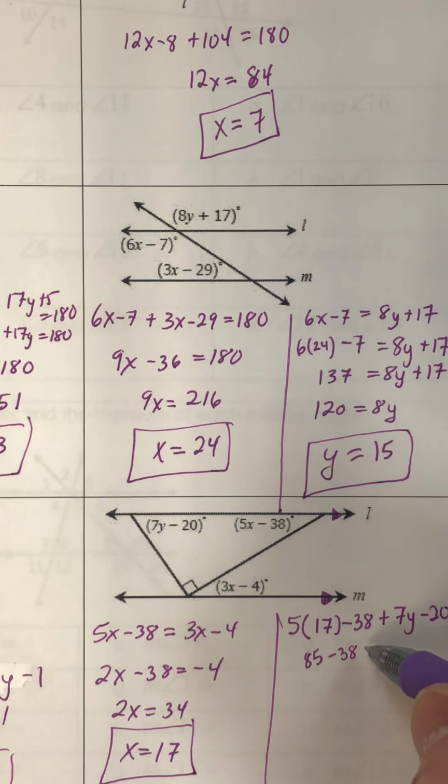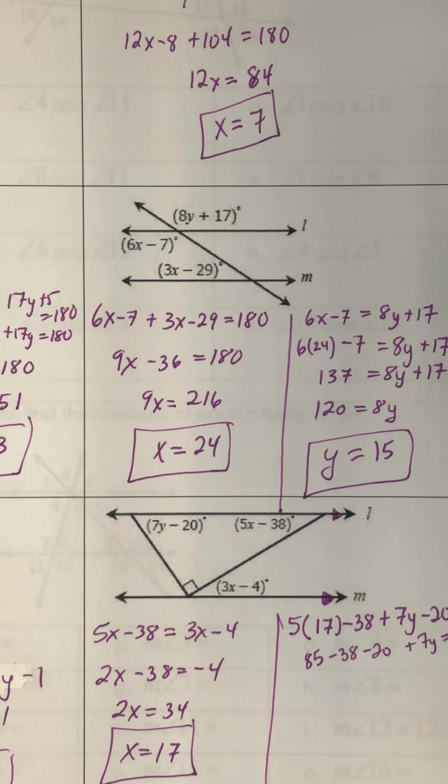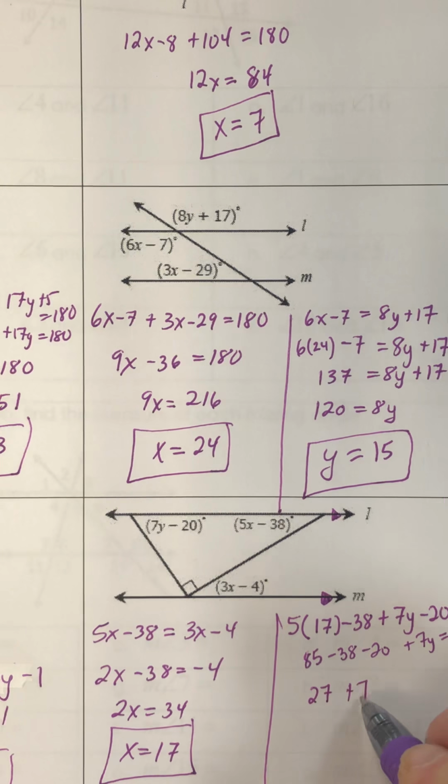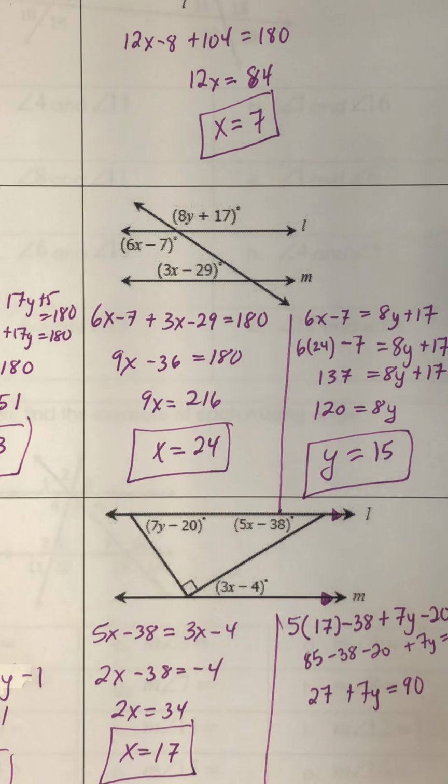So 85 minus 38 minus 20, so 27 plus 7y equals 90. So subtract 27, so 90 minus 27 be 63, so 7y is 63, so y would be 9.